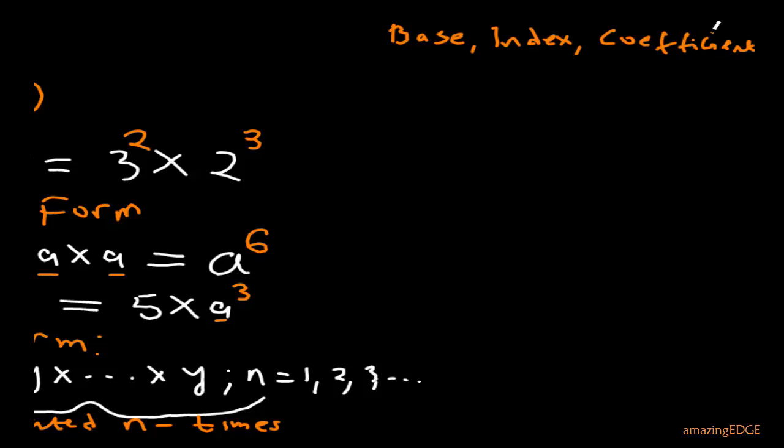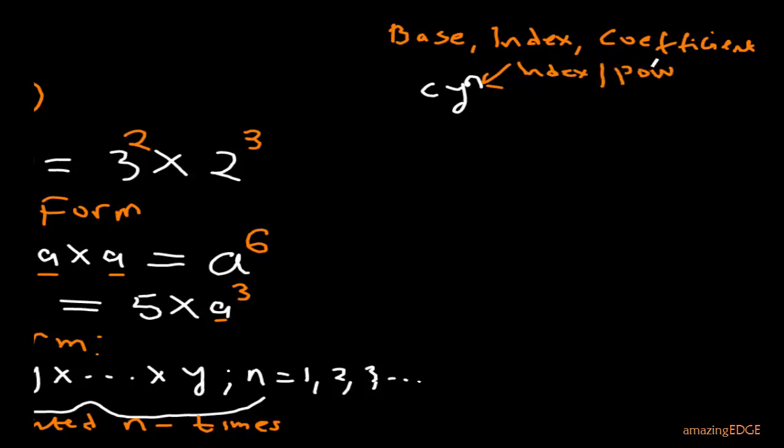Supposing we write it in a general form. Supposing we have a constant. A constant can be any value like 1, 2, or 3. We have something like y, a variable, and we have our index or power called n. Now what do we call this power? We call this power or index. We call it index or power.